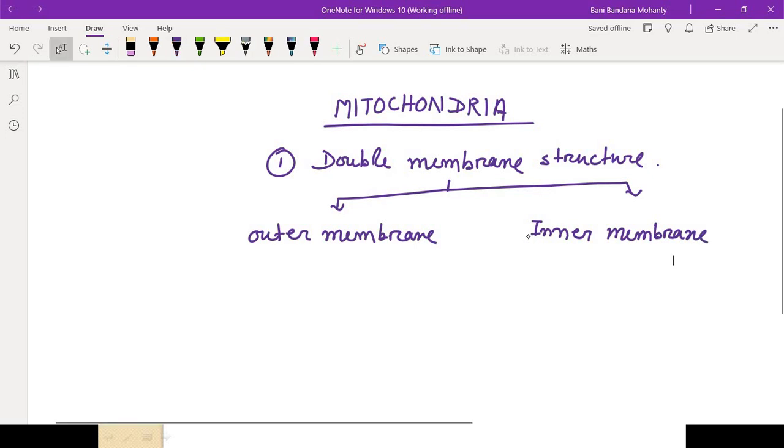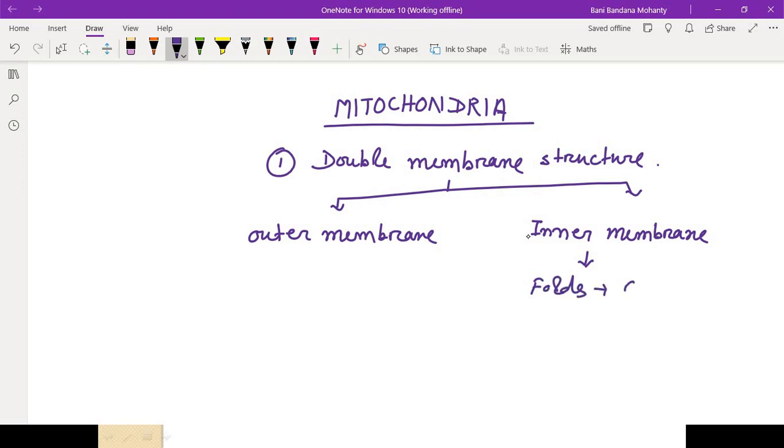The inner membrane has or forms folds. That is called cristae. They increase the surface area for absorption of more oxygen.